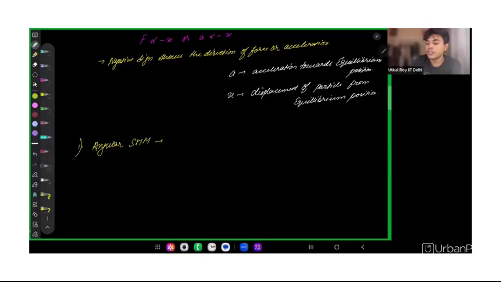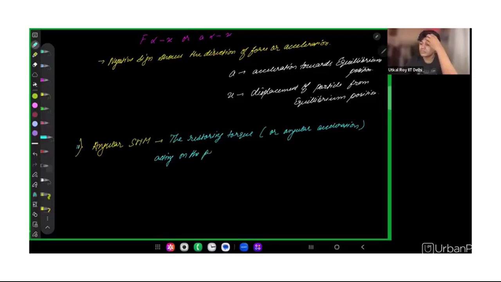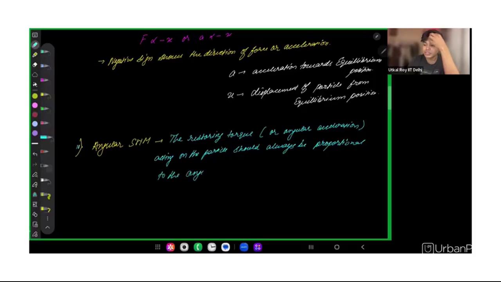So for angular resistance, the restoring torque or angular acceleration acting on the particle will always be proportional to the angular displacement of the particle and directed towards the equilibrium position.